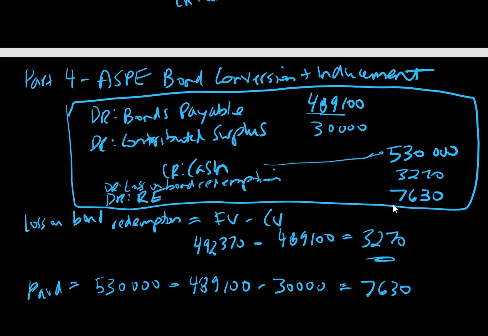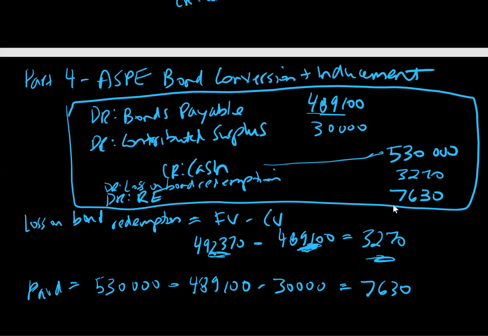Then we figured out what the loss on the bond redemption was, which was the difference between the fair value of the debt and the carrying value. So we cleared out the debt that was worth 492. We cleared it out at 489. That means we lost 3,270.